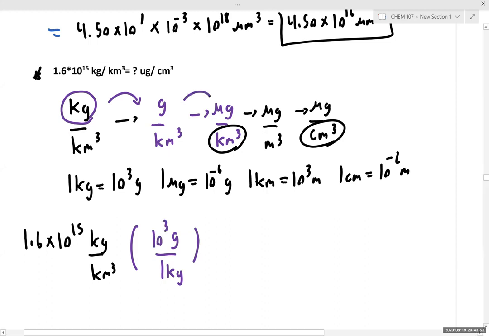Continuing on, we're going from gram to microgram. So what units need to be on top? Microgram? Yep, exactly. So in 1 microgram, we have 10 to the negative 6th grams. Okay, perfect.